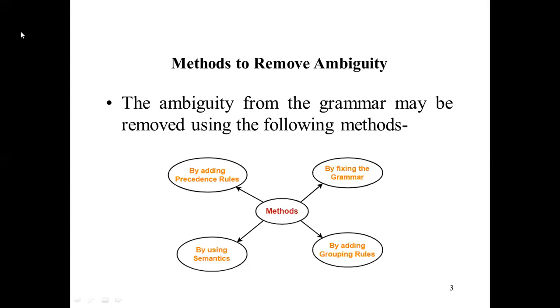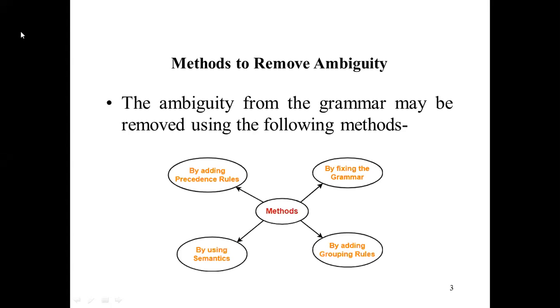If we write the program, it runs correctly and we have no error in our program, but we are not getting the proper output. It means that we have a problem in our logic. So that comes under the category of semantic errors. So first is by adding precedence rules, and another is by using semantics. So our logic must be right.